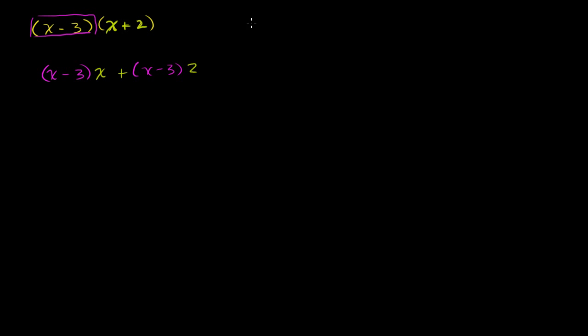Remember, if I had a times x plus 2, what would this be equal to? This would be equal to a times x plus a times 2. So over here, you could just view x minus 3 as the same thing as a. We're just distributing it.